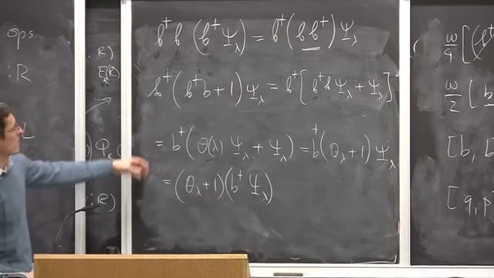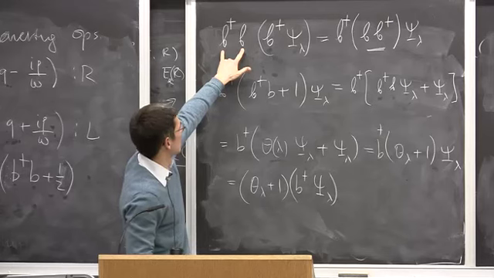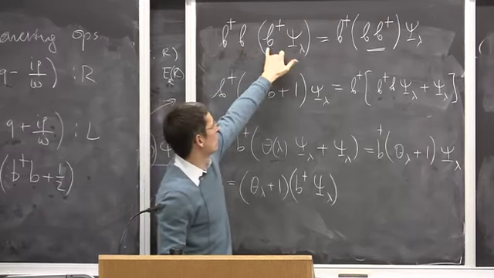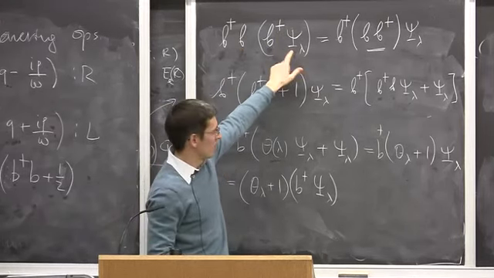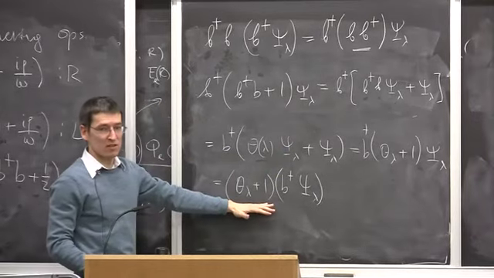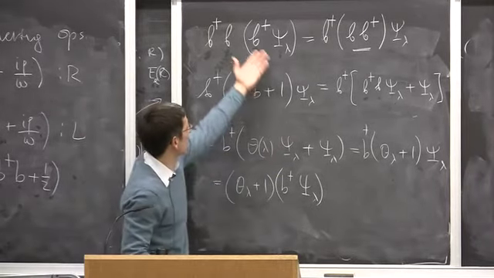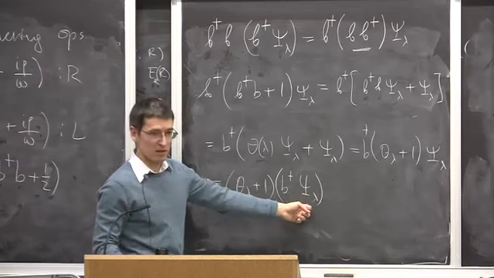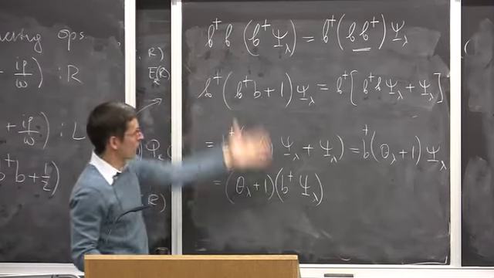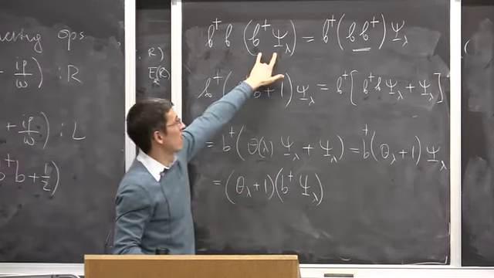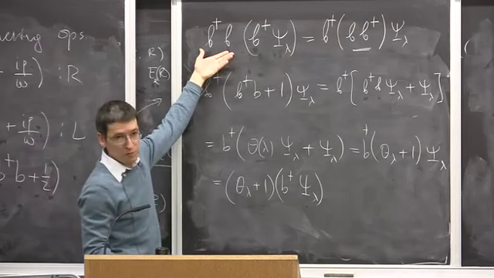Now let's summarize. We acted with b dagger b on b dagger psi lambda. What did we get? We got a constant, and we got back our function b dagger psi lambda. So this whole thing proves that this function is also an eigenfunction of b dagger b.